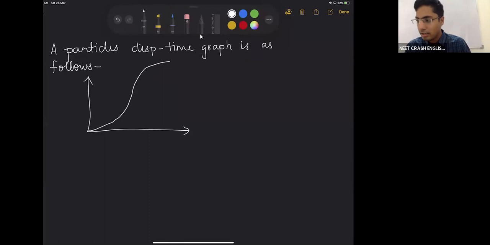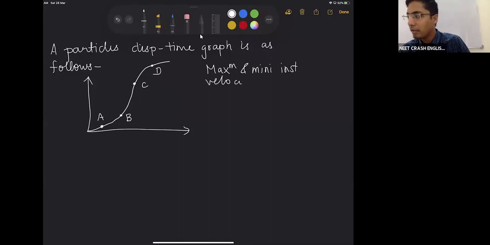Let's take this as point A, point B, point C, point D. The maximum and minimum instantaneous velocity is at, so this is displacement and time. I'm giving you options.